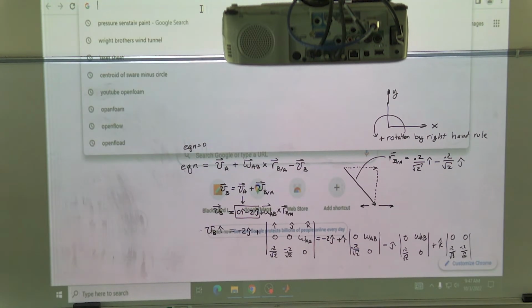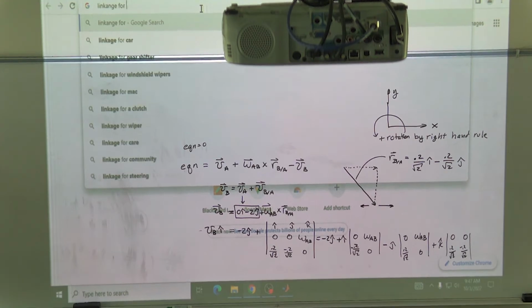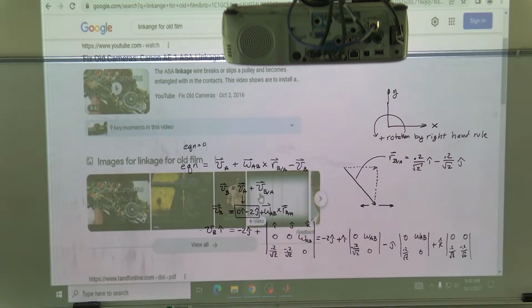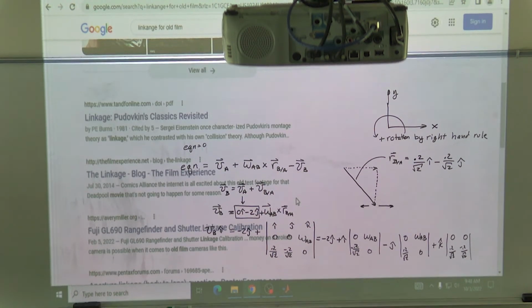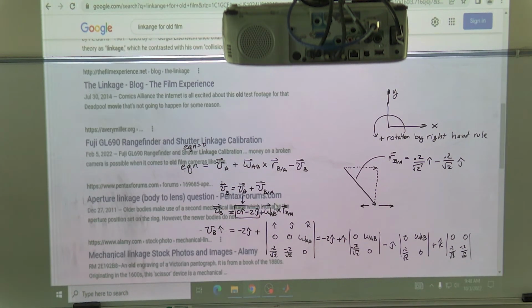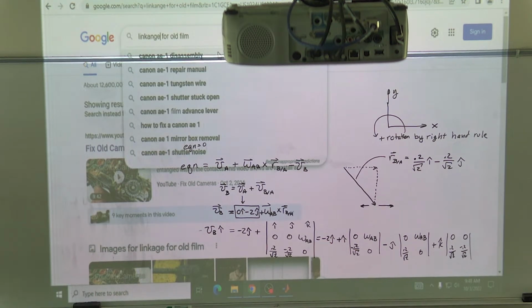Here, let's see if I can find linkages for old movie projectors. I'll look around. There's a linkage system. I don't know.